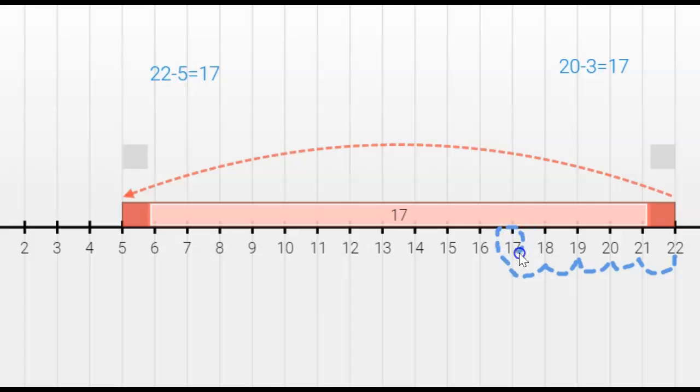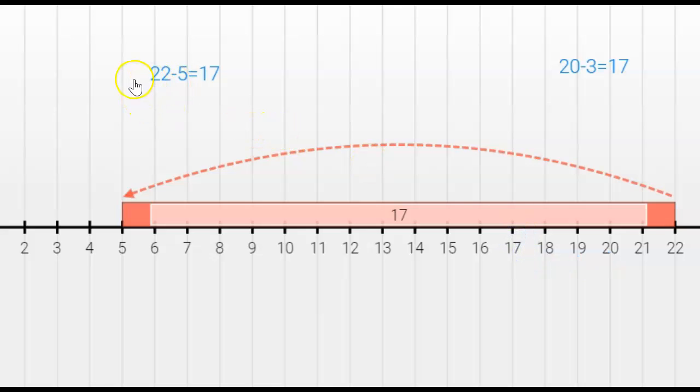We end up at 17. Now look at this. If we start at 20 and go 3 jumps to the left or in the negative direction, look where we'll end up. So starting at 20 and taking 3 jumps for 20 minus 3. 1, 2, 3. And again, we end up at 17.